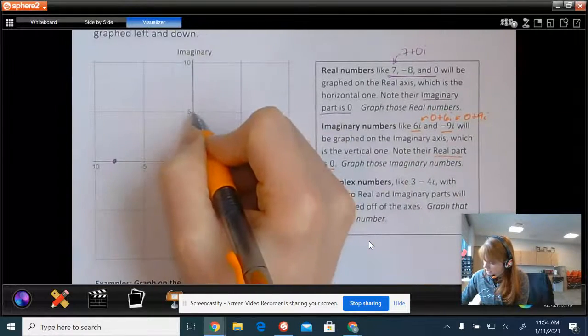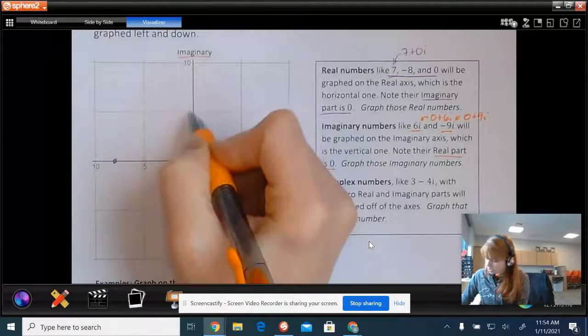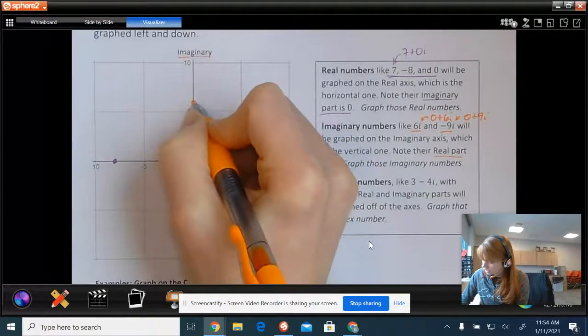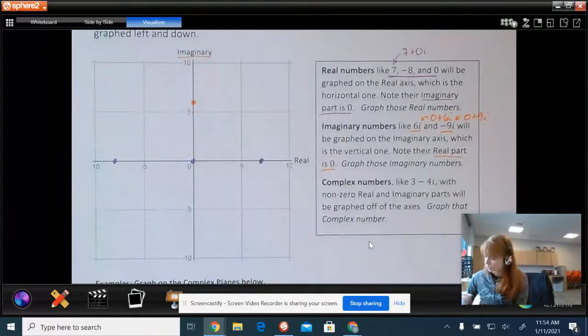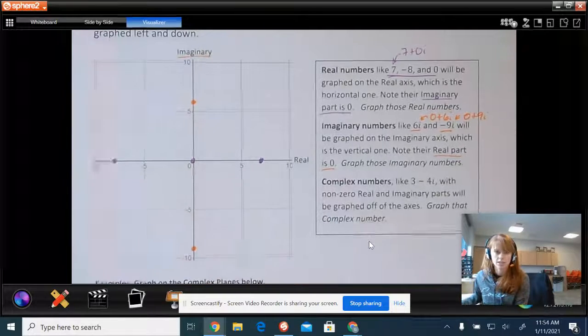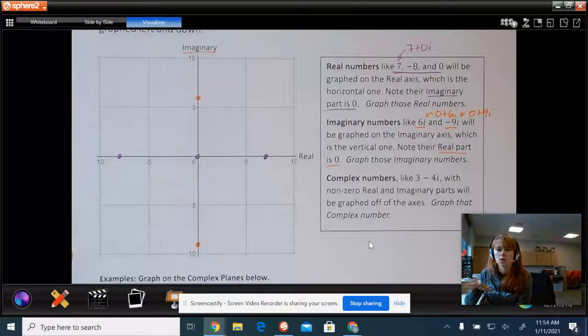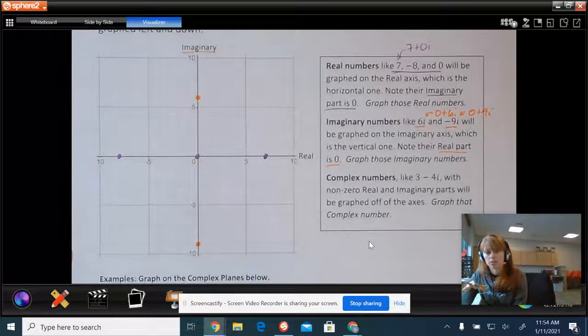So 6i would be right there, while -9i would be down in the negative. Right? So it's very similar to x and y. It's just the parts of the complex number have their location.